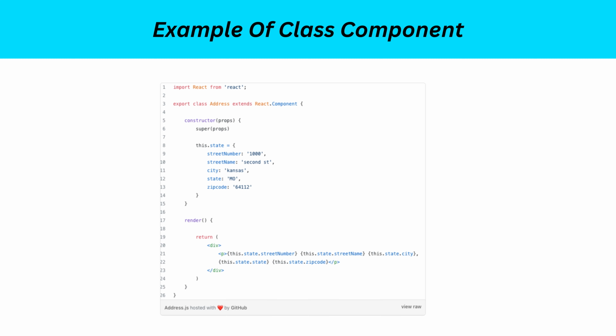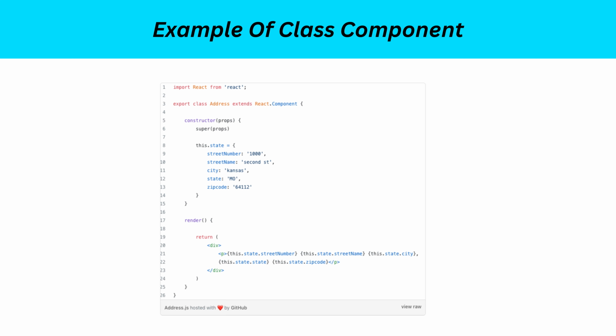We initialize the state in the constructor, and then we have a render function which actually returns the HTML. These are class components which use the state. If you change the state, that means if you change any street number here, it re-renders the whole HTML under the render function and it returns the HTML again.